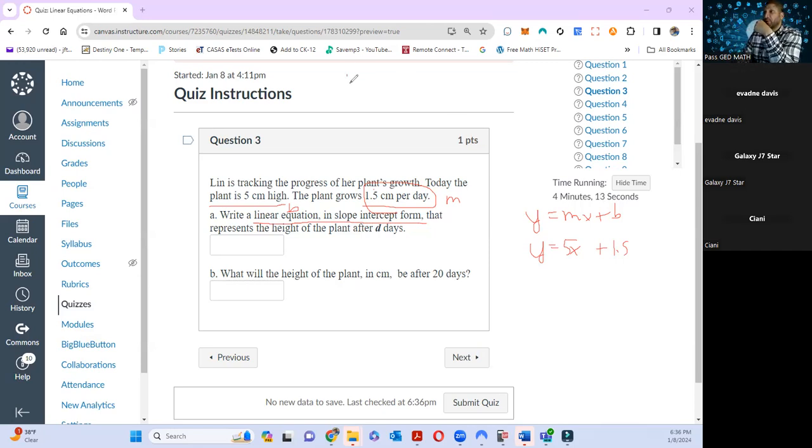Okay, let's start over. y equals mx plus b. What does M stand for? The slope. What does my B stand for? In the linear equation, B is my y-intercept.